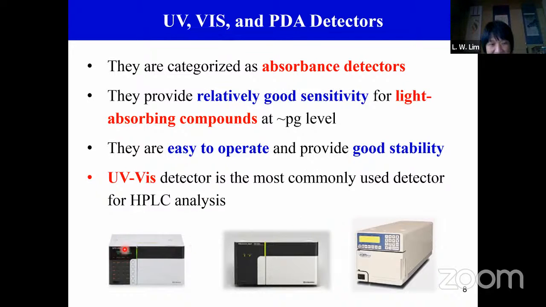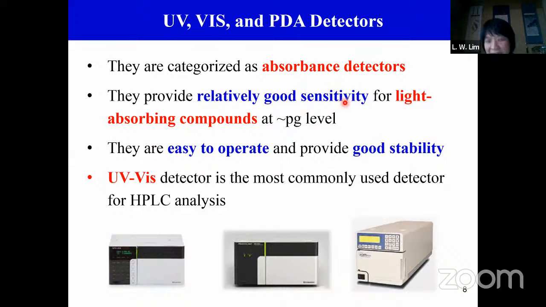Another point is, compared to PDA, UV-Vis is the most commonly used detector for HPLC analysis. If you look at the standard HPLC set, I can say 90% will come with a UV detector, because the UV detector is the easiest detector to operate, with relatively good sensitivity.